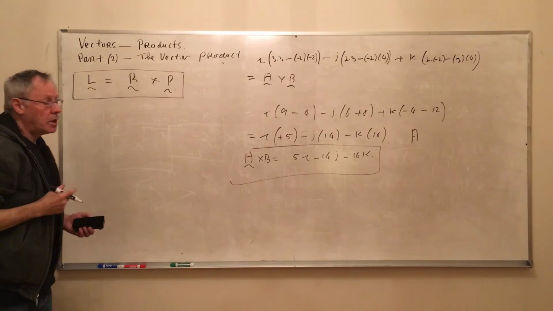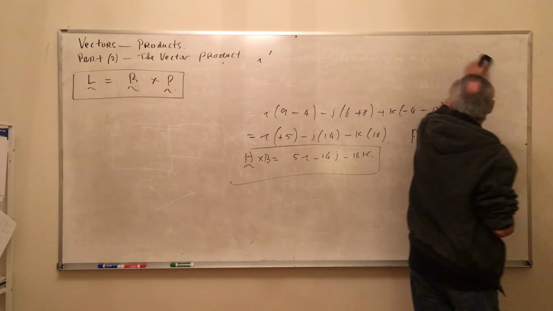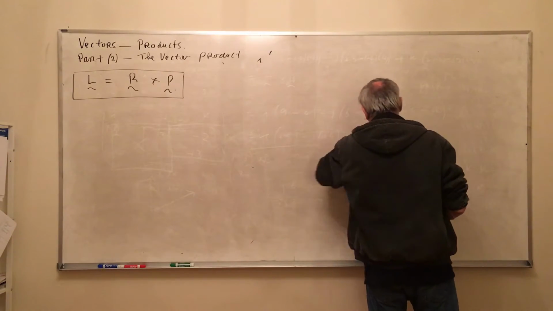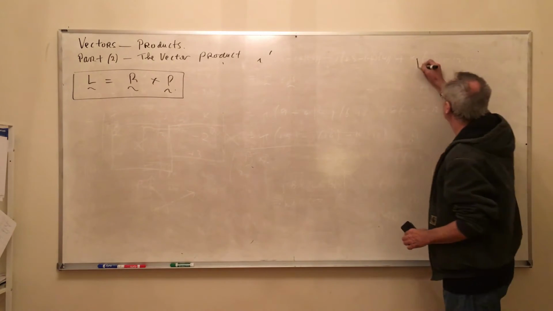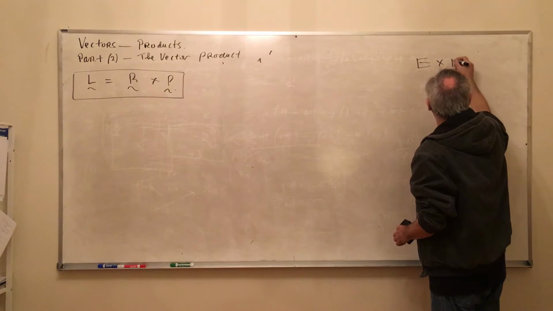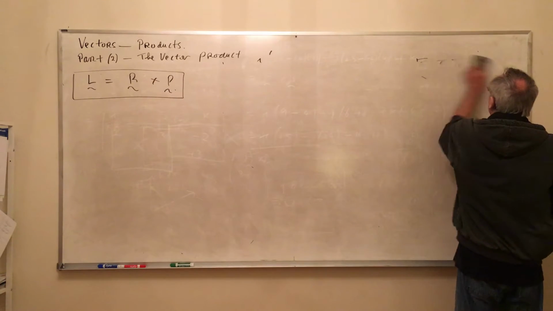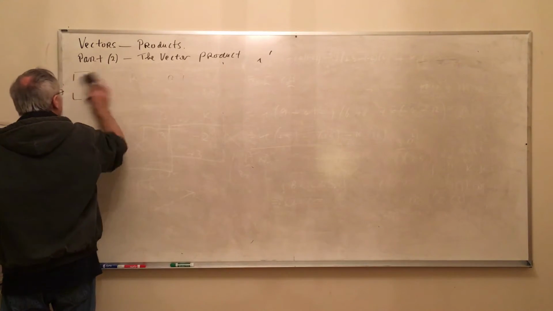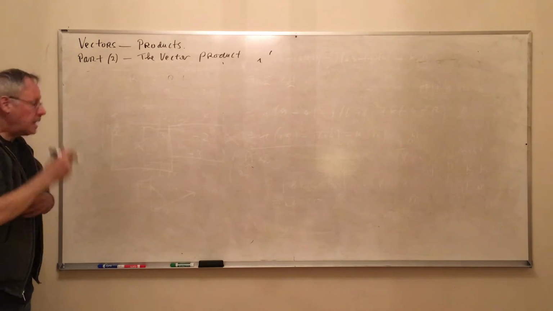Vector products come up in angular momentum. They also crop up in electricity and magnetism, a thing called the Poynting vector. Poynting vector, we won't go into that. Angular momentum will be in classical mechanics. All right. Let's do this.